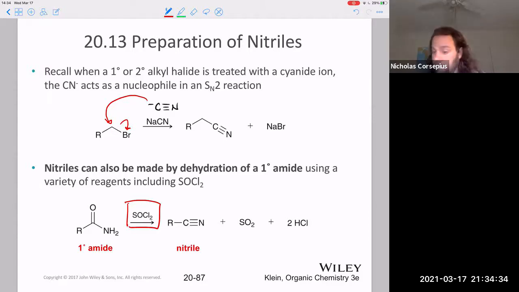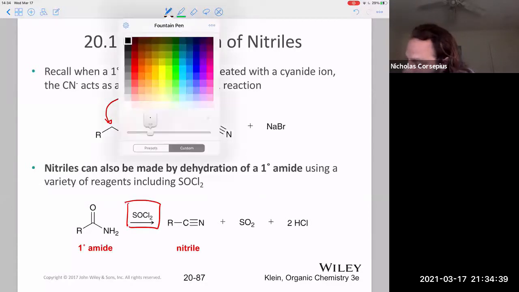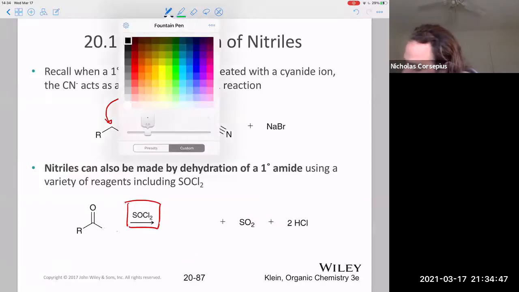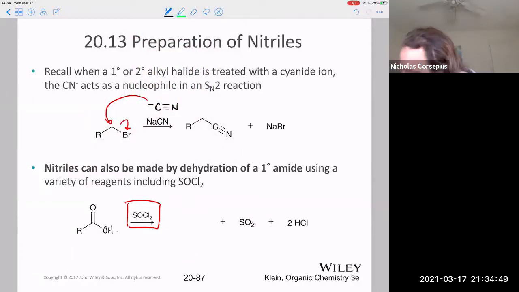This is kind of weird, because the only other role we've seen for SOCl2 is when we had a carboxylic acid and we converted it to an acyl halide. So we were swapping a chlorine atom onto that carbonyl carbon.